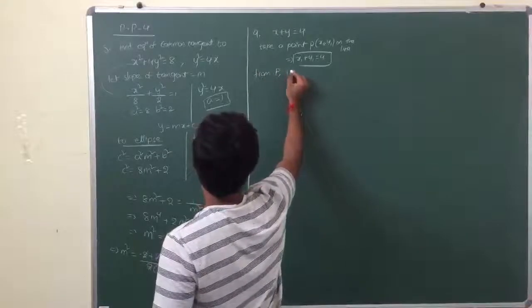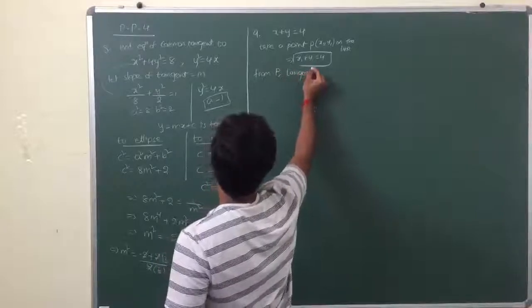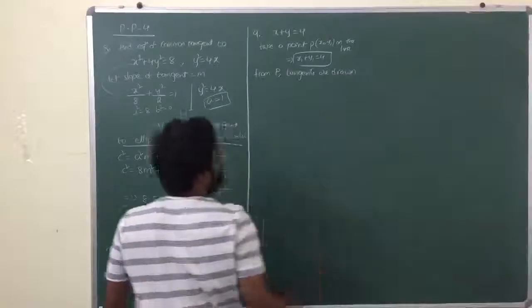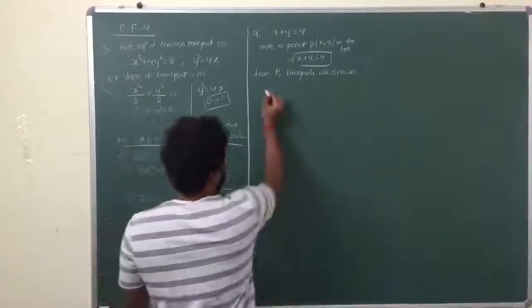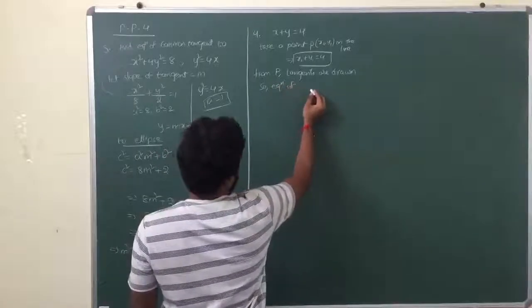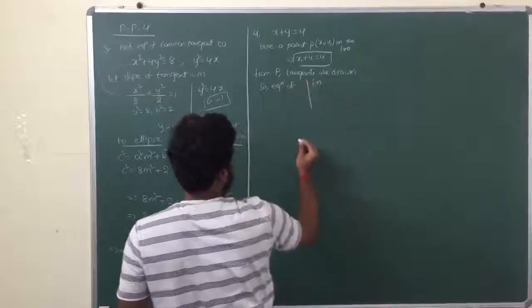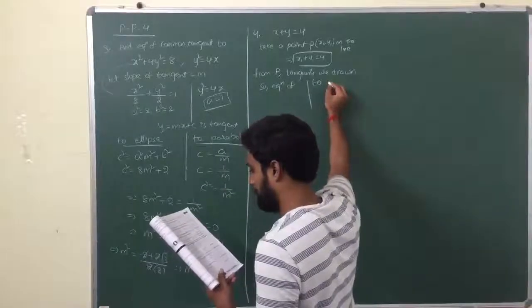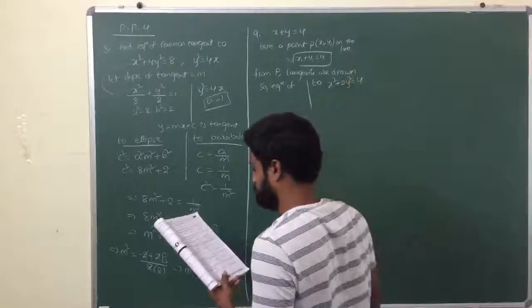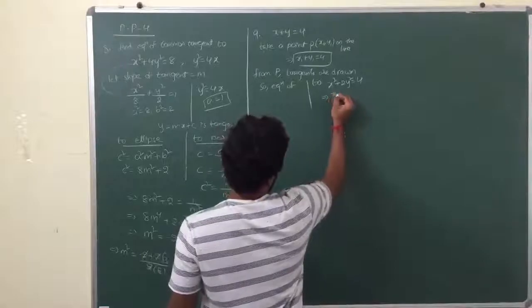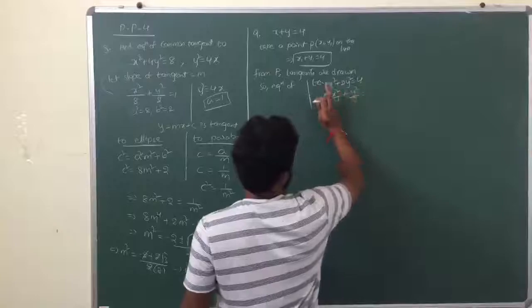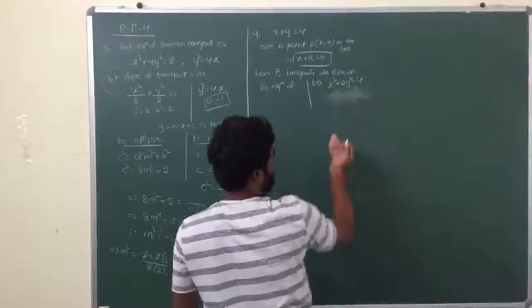So now from P tangents are drawn to x square plus 2y square is equal to 4. So x square by 4 plus y square by 2 is equal to 1.